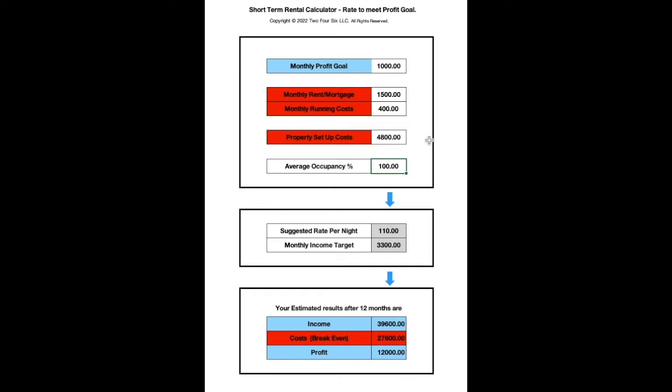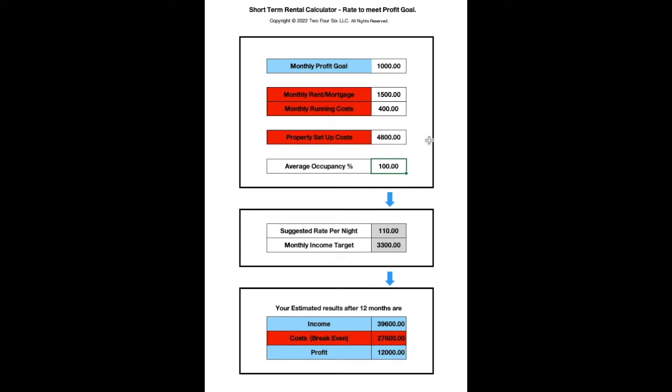Obviously it's not a monthly $4,800, and I'm a firm believer that you haven't really made any profit at all until you've paid back all of your setup costs. So what I've done here is average out the setup costs over a 12-month period, but I do include that within the expenses in order to work out the income based on the profit goal.